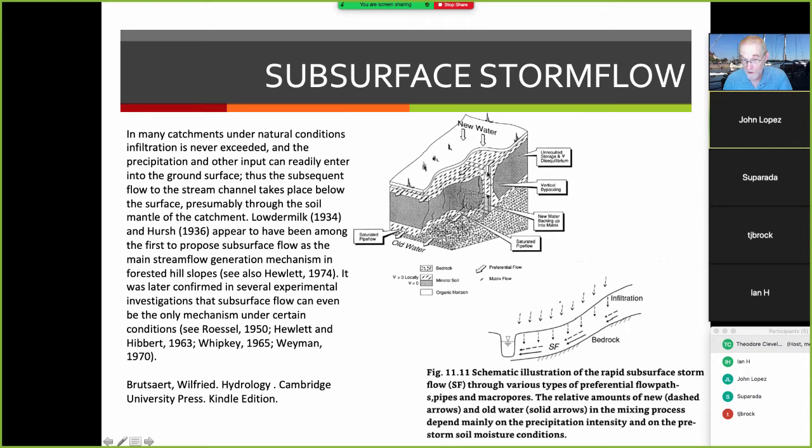I'll show some photographs of evidence of macropores that would cause very rapid vertical transport of flow. It displaces water that's been in storage, and here generally they're showing the old water coming out deeper. But it's quite possible the old water can come out fairly shallow, and we're getting out over here into a stream area.